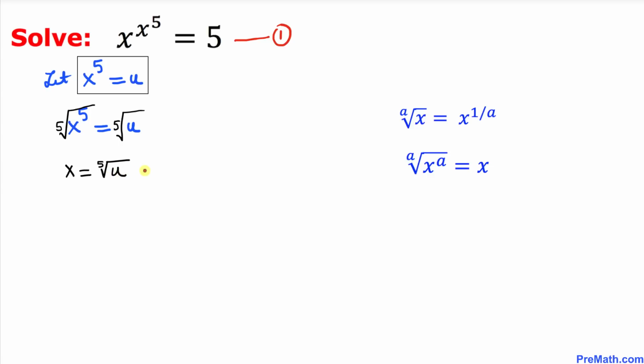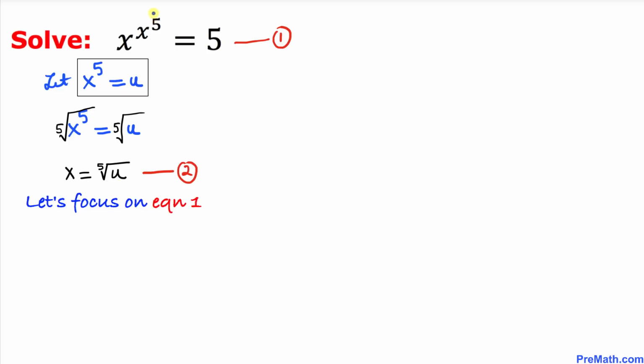Now I'm going to call this equation number 2. And now let's focus on equation number 1 once again. Here's our equation number 1, and let me manipulate this one. I'm going to write this as x and then power x power 5. So we can write this x as the fifth root of u.